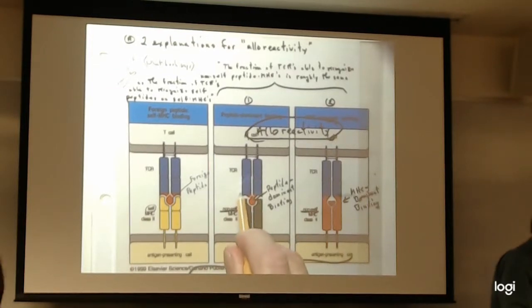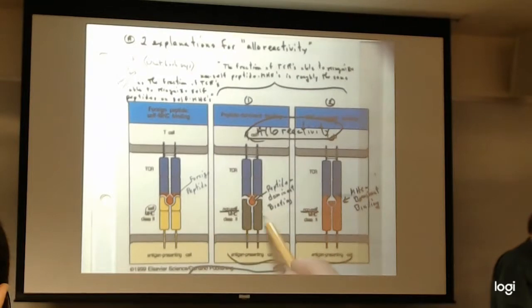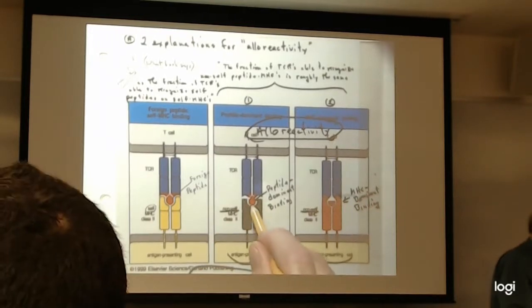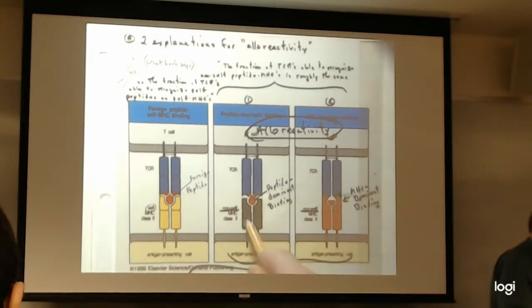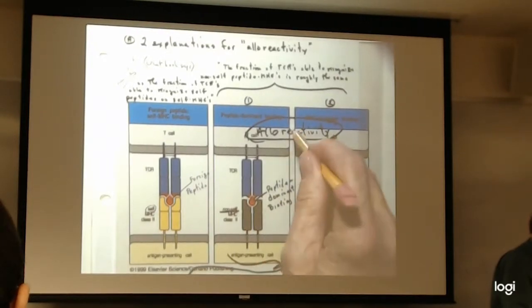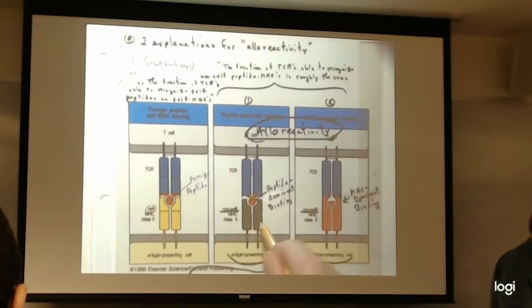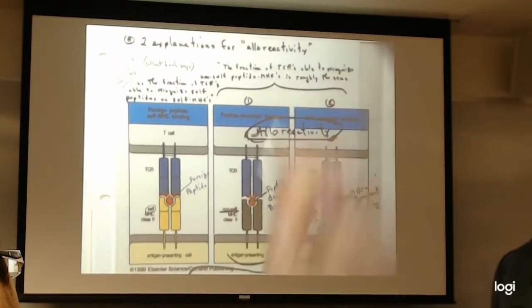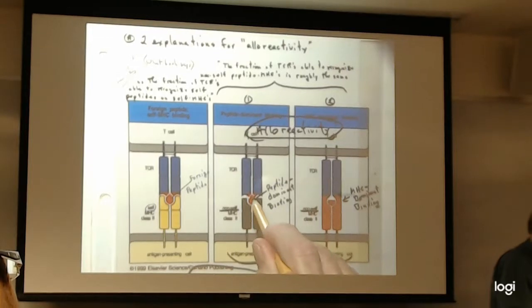Even though the other four loops, two on this one, two on this one, don't bind MHC, because we have really tight binding to the foreign peptide, we can get away with it not being on a proper MHC molecule. That's alloreactivity. Allo means foreign, okay? This is a foreign MHC molecule, but this T cell is still becoming activated because of really tight binding to the foreign peptide. Okay?